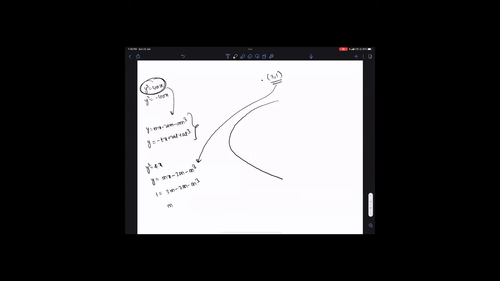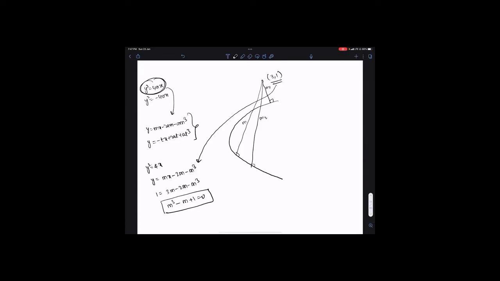If I take everything to one side, m cube minus m plus 1 equals 0. Are you getting a cubic equation or not? The roots of the cubic equation are nothing but the slopes of the normals which are drawn from that point. Whatever normals we are drawing from 3 comma 1, you will get their slopes.